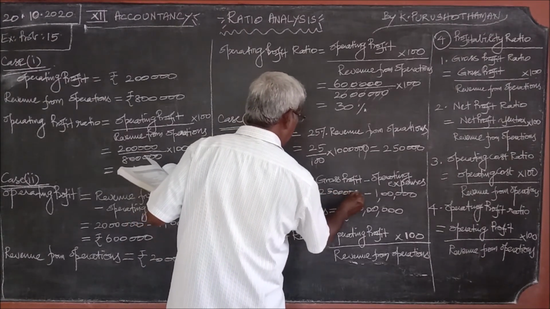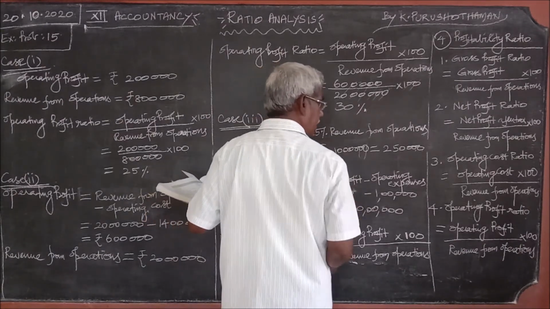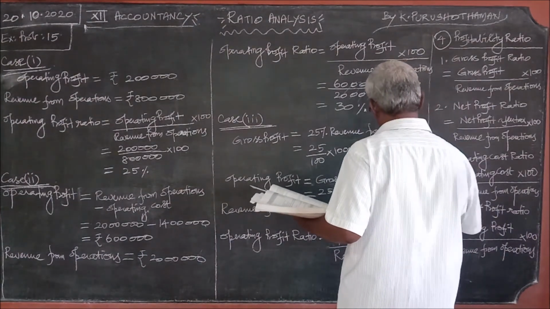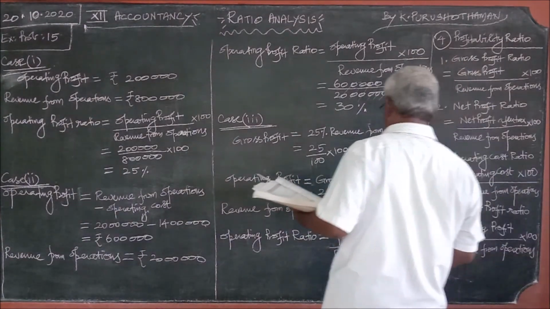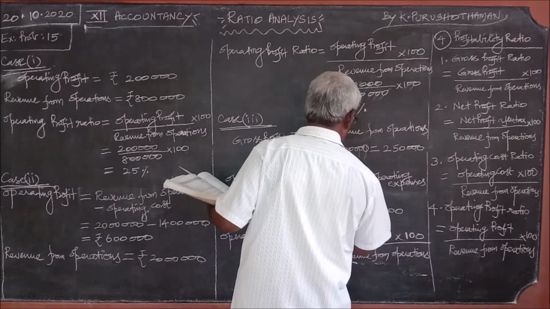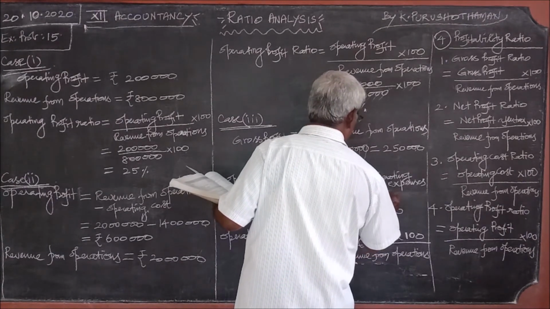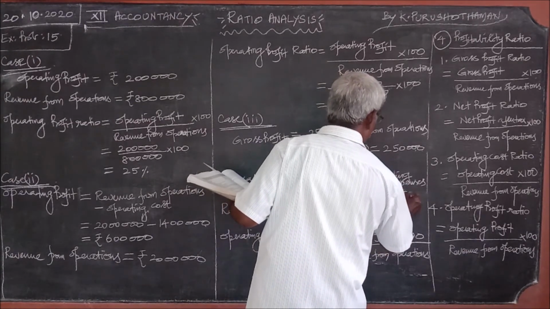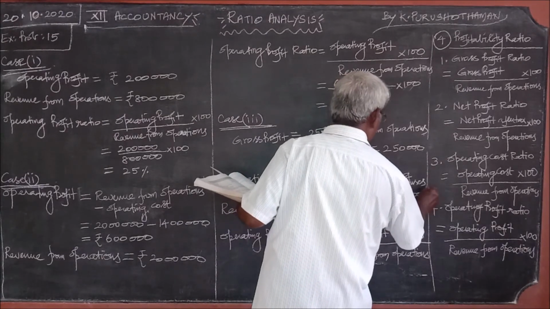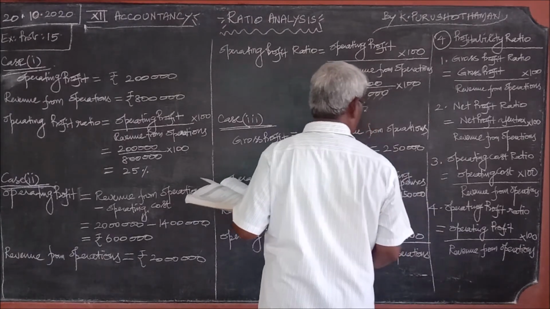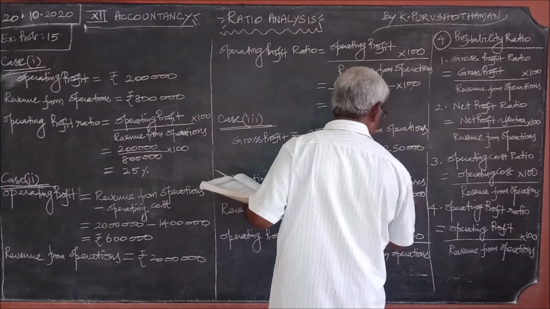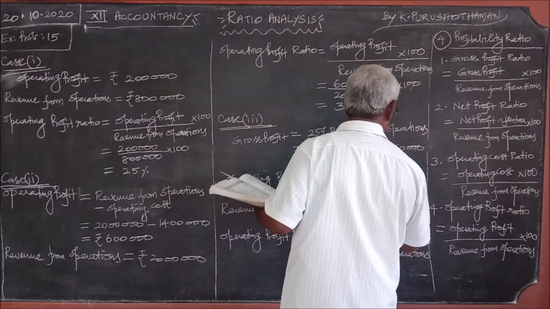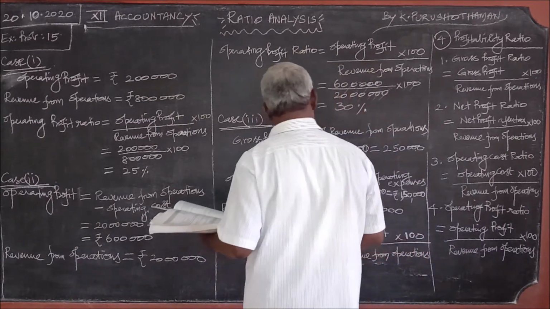2 lakhs 50,000 minus the operating expenses 1 lakh, which is equal to 1,50,000.